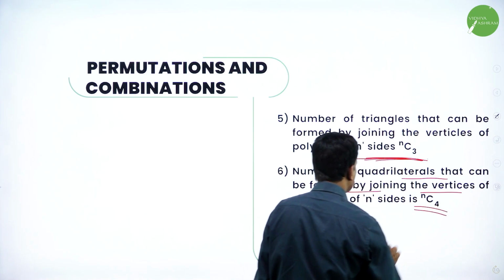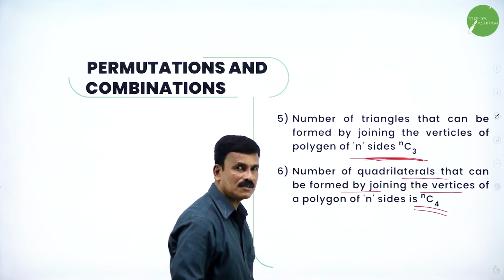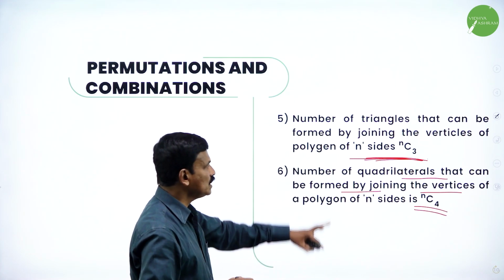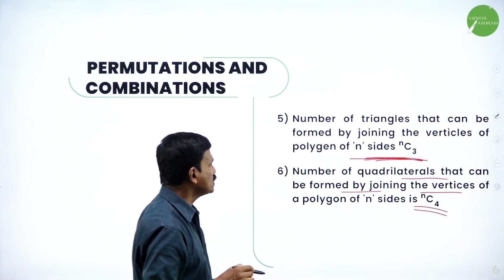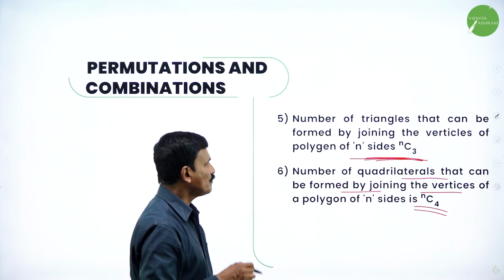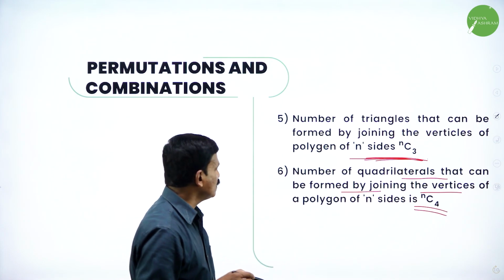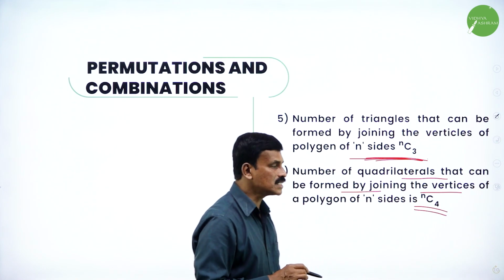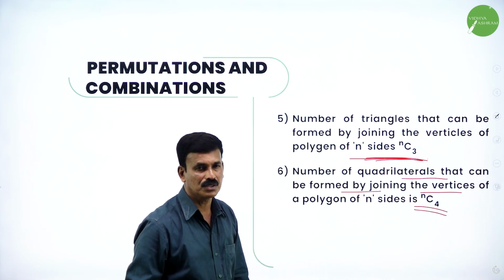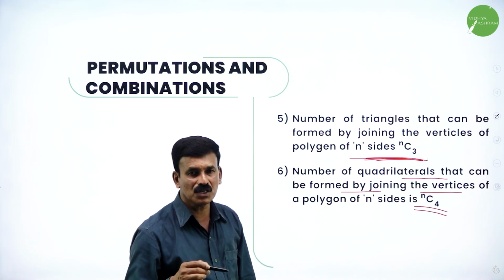The number of triangles is NC3. Very important concept, see the difference. Now, these are a few properties and formulas which we are going to use.